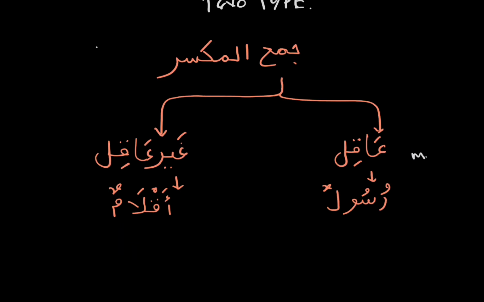Aqil means one that has a mind to reason, and ghair aqil means that which does not have a mind to reason. Aqlamun is the jama of qalamun, which is ghair aqil. Rasulun's jama is rusulun, that is aqil. So these are the two types of jamul mukassar, aqil and ghair aqil.